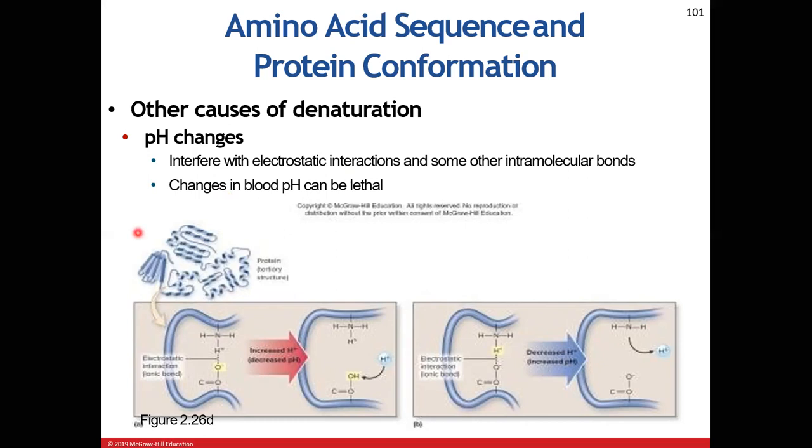The body really has a very small range that the pH needs to be in order to function correctly. Anything outside that range is where we start to see damage to other tissues. And this is just one of them. Increased hydronium or decreased pH causes some of these electrostatic interactions to start to break apart.